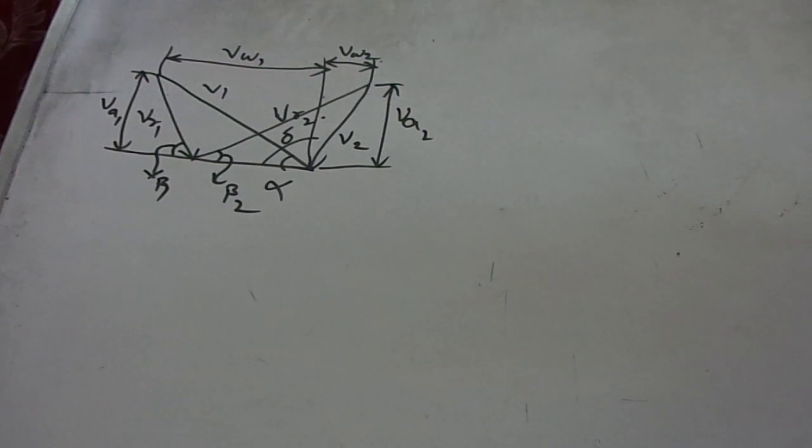It is the difference of the cosine components of velocities of steam which drives the wheel and produces the torque.